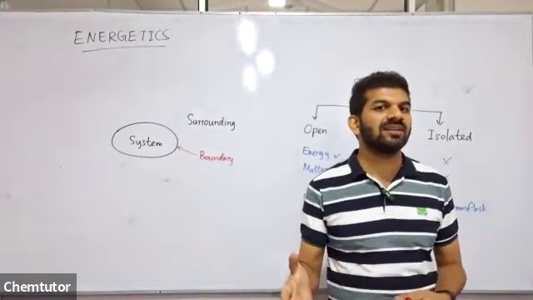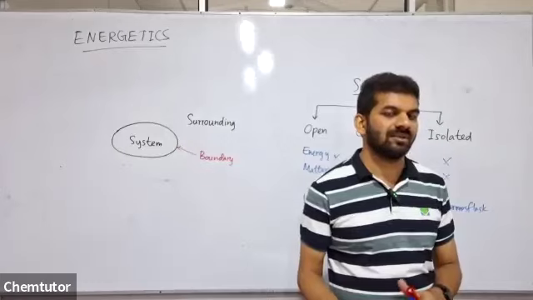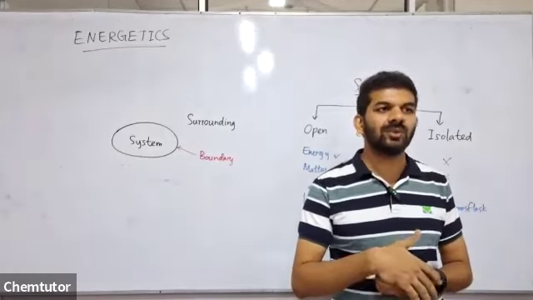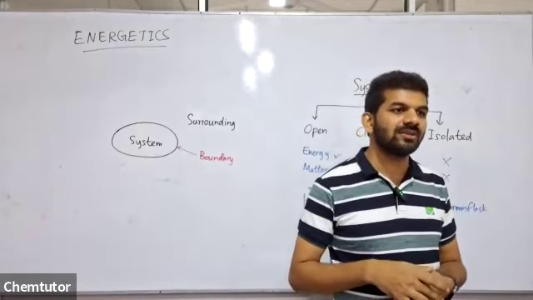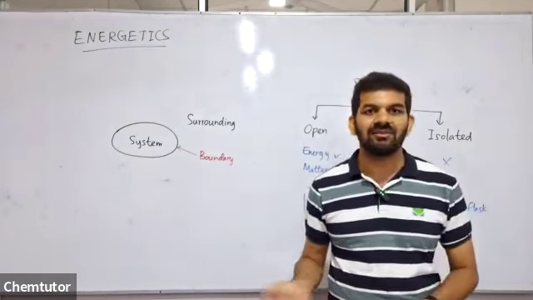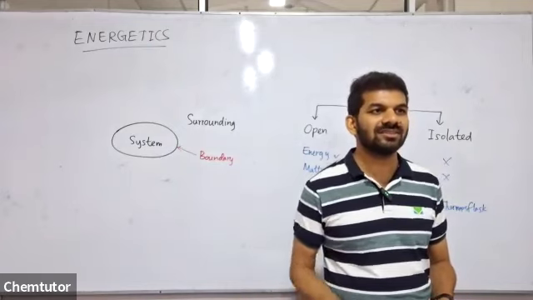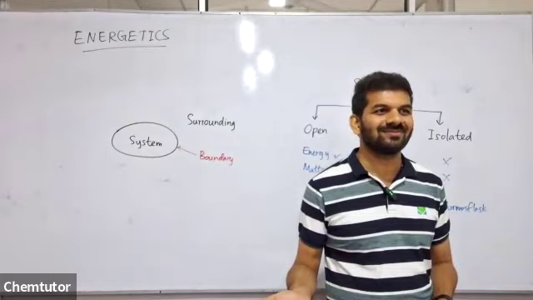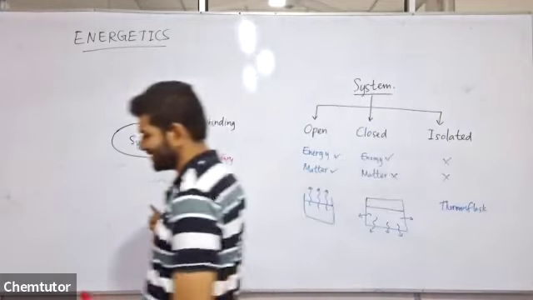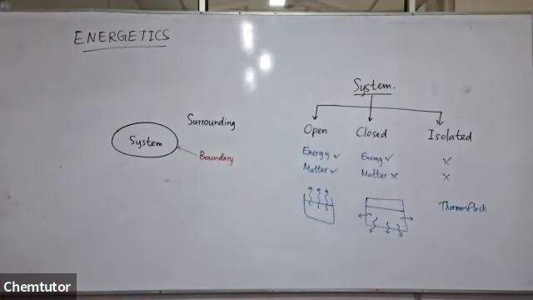Then during a combustion reaction, the combustion. During an acid-base reaction, we call it neutralization because the process is a neutralization. Then atomization, sublimation, vaporization, dissolution, evaporation. Then what else? Fusion, ionization, all those.